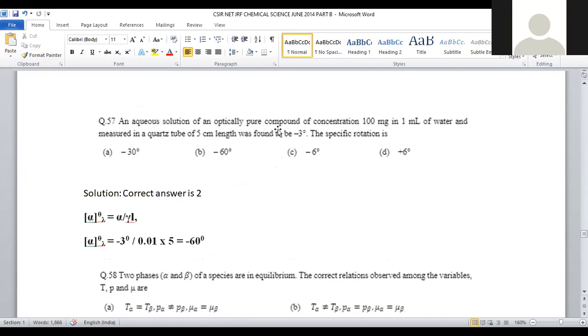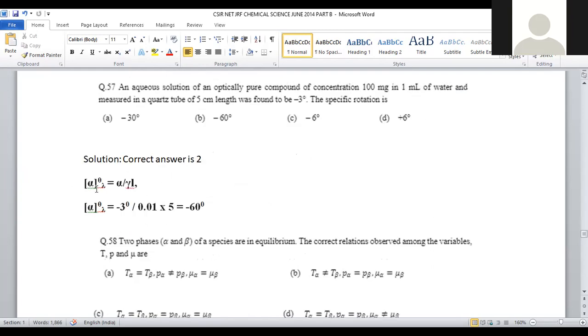An aqueous solution of an optically pure compound of concentration 100 milligram in 1 ml of water, measured in a quartz tube of 5 centimeters length, was found to rotate -3 degrees. The specific rotation is, this is a question from stereochemistry, specific rotation to be predicted, right?